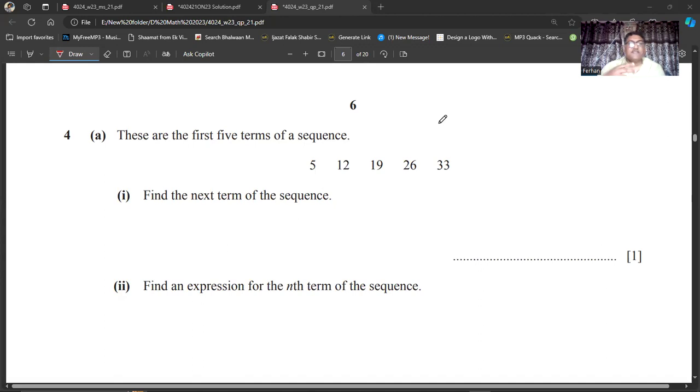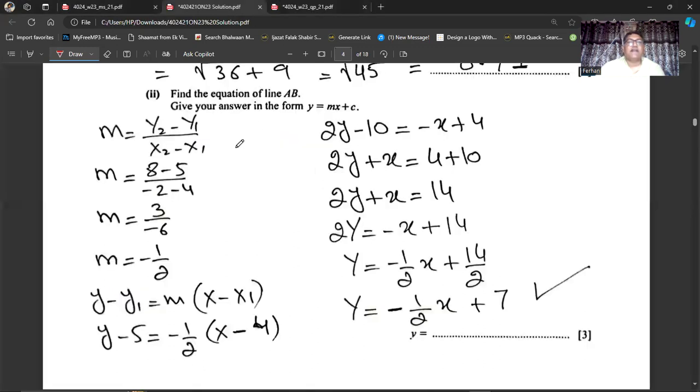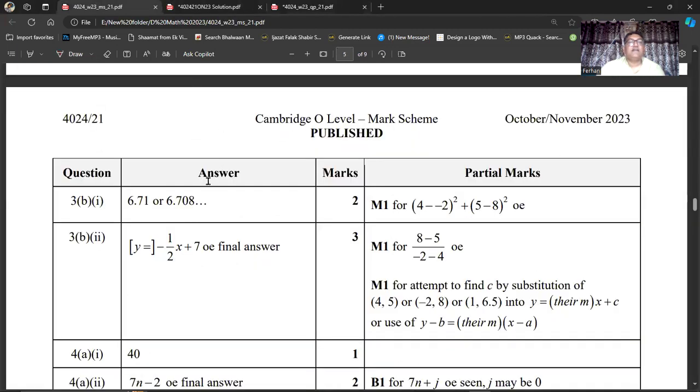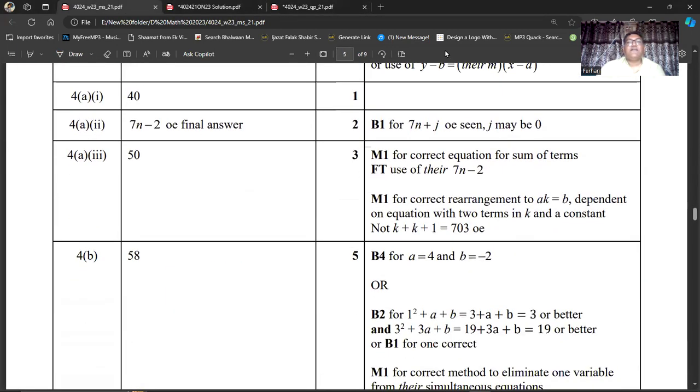And he says find the next term of the sequence. So in 33, add 7, you will get the next term. And it's simple, 33 plus 7, that is 40. So 40 will be the answer. So our answer is right.